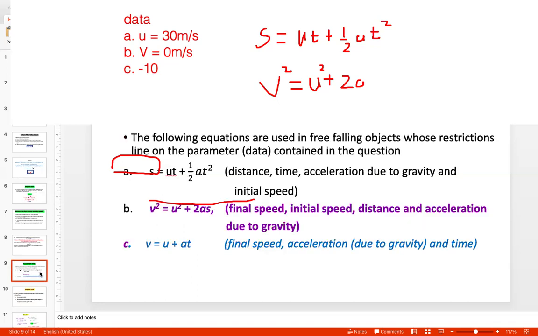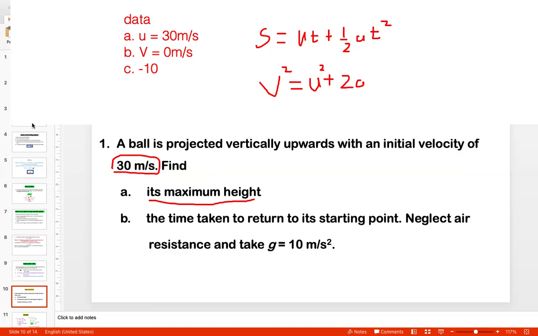Did you take note of the formula? Yes, I did. 2as. So this is the one that we are using to compute the distance. It depends on what we have. Here we have the final velocity, the initial velocity, and the acceleration due to gravity, so we can find the distance.